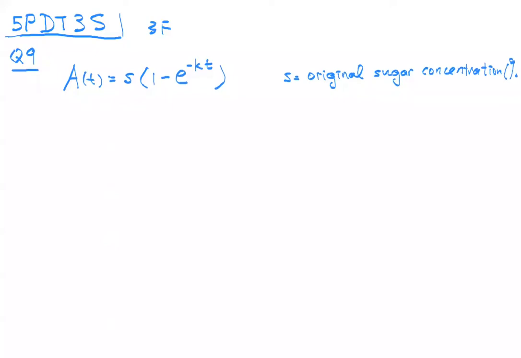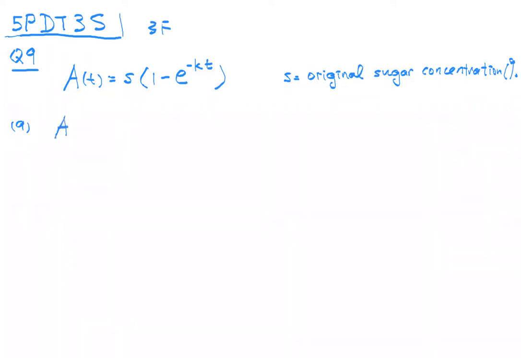Okay, for part A, this one you cannot key into the calculator because I have to address this problem. So what I will do is find the value of A when t equals 0. I have to find it in terms of S, no choice.